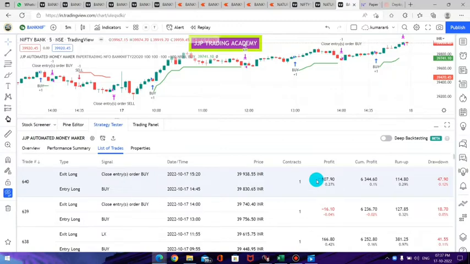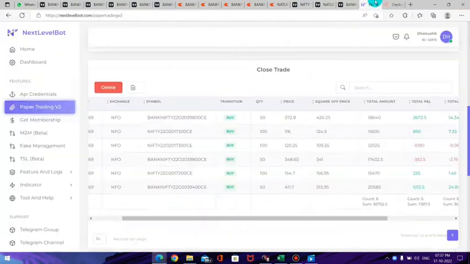If you implement two lots in options you will get this result here. The first trade we took with two lots of Bank Nifty options, 50 quantity. In the first trade we got a profit of 5112 rupees, in the second trade we lost 382 rupees, and in the third trade we lost 2672.